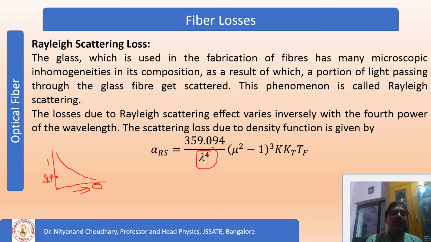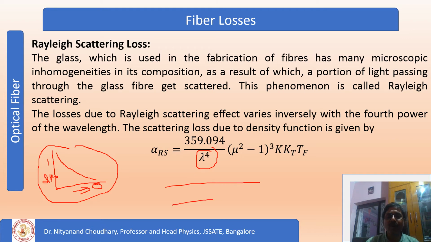Now why does this type of scattering occur? Within the silica, suppose here we have taken the core. The core has, let us suppose, pure silica, but pure silica is not possible. Or the silica sometimes also gets damaged. Then we are going to get an inhomogeneous medium within this fiber.